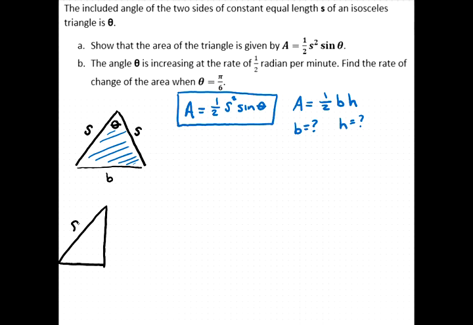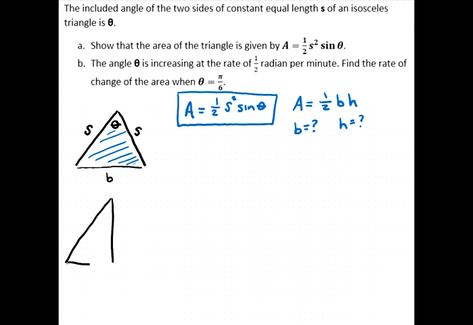Okay, so this is still s. So this would be half the base, so 1/2 of b. And this would be half of the angle. So let's say theta over 2. Let's make that a little easier to read.